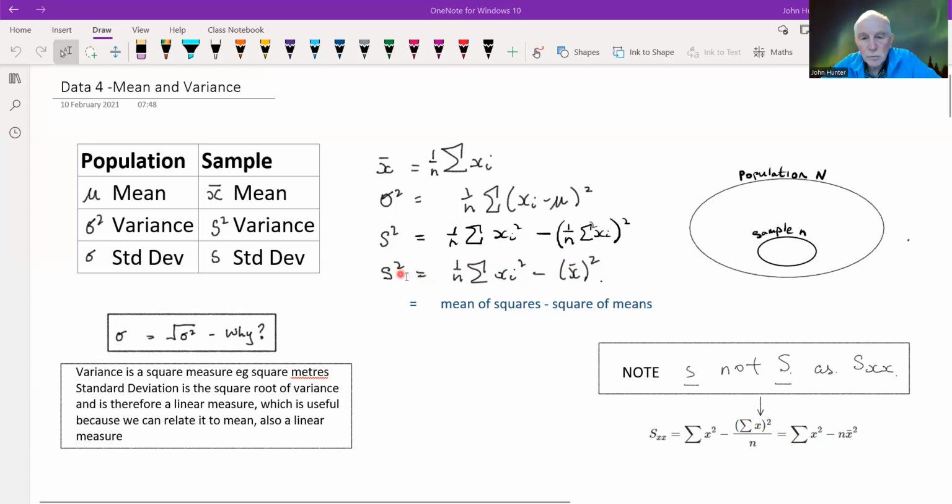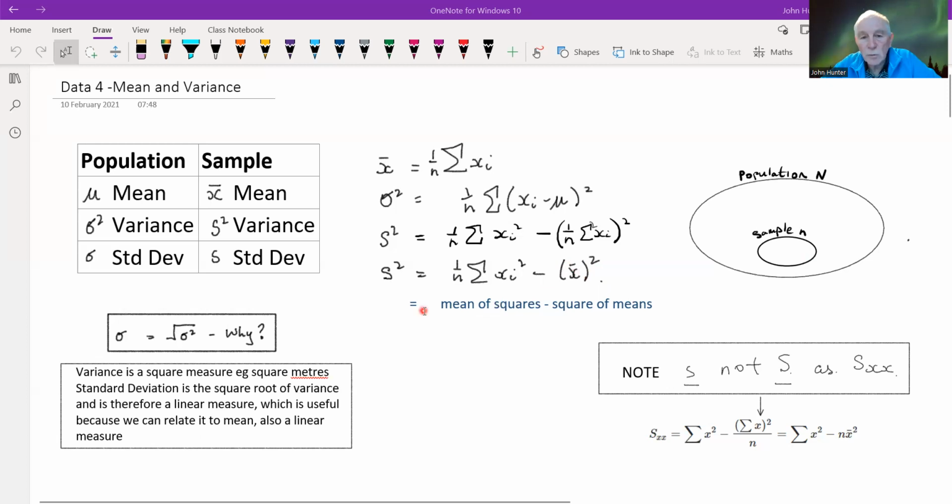So this is what we're interested in here: the variance is this expression, which we can think of as being the mean of the squares. If we square each item and add them all together, that's what this is. And then we take the mean, dividing by the count, that's the mean of the squares, minus the square of the mean.